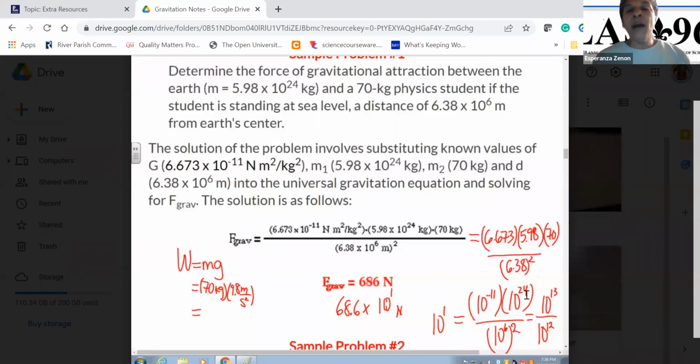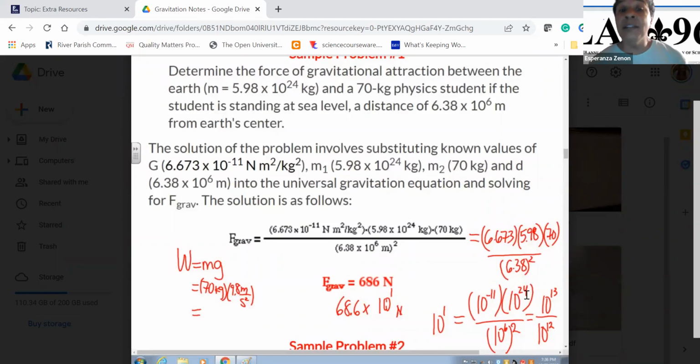Now, what I want to do with this problem before I look at another example is compare what I get for the gravitation force, 68.6 newtons, and what I get for this student's weight. Now you have to go back to Newton's second law, and remember the way you find weight is you take the object's mass times gravity, right?